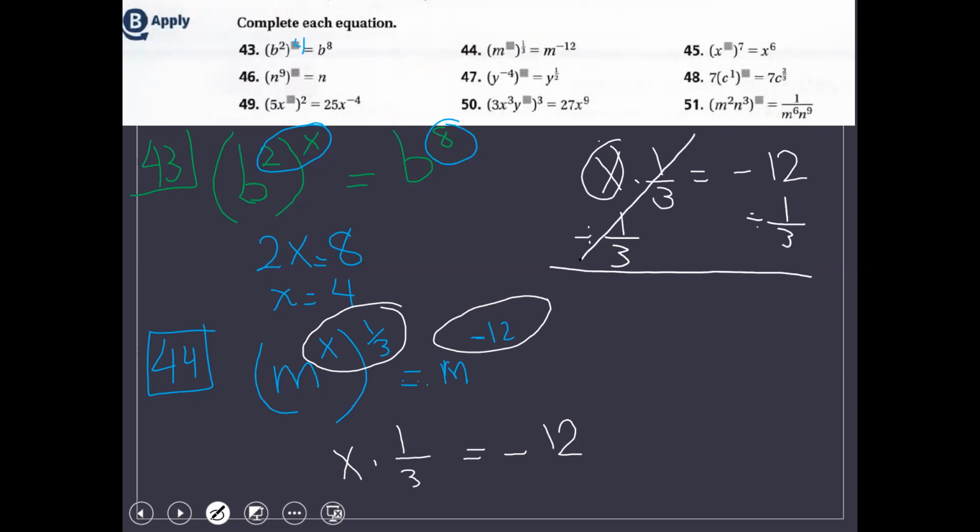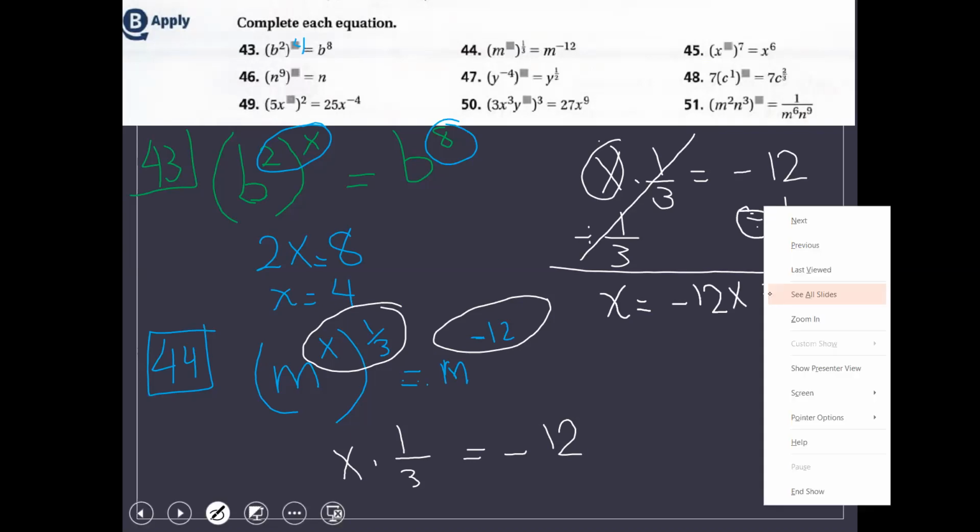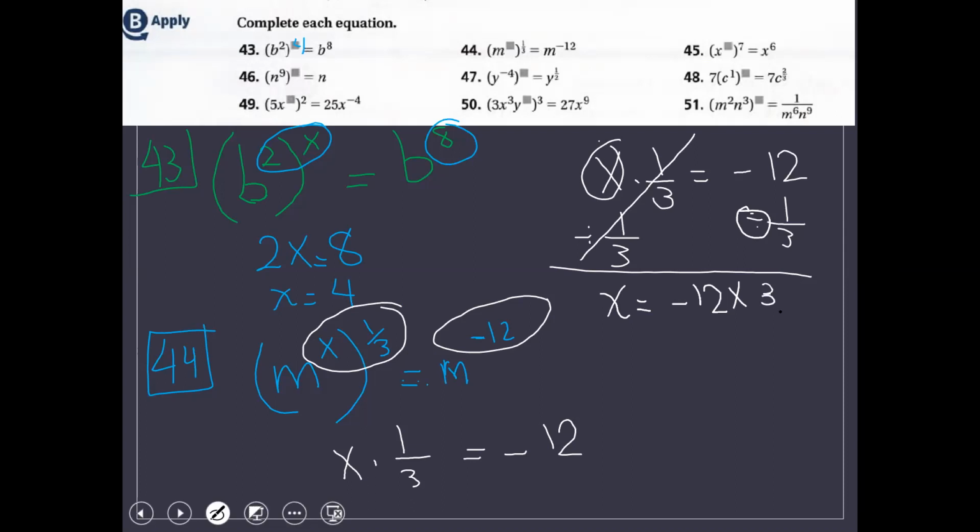Then, as we know, it cancels each other. Change the division to multiply, and then the reciprocal of 1 over 3 will be 3 over 1. So now x is negative 36. So the power here is negative 36.